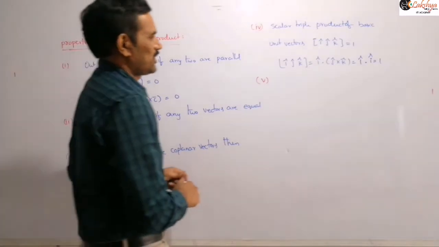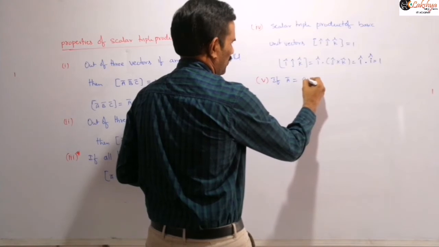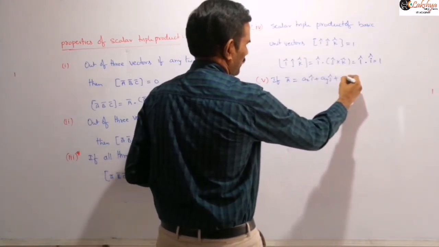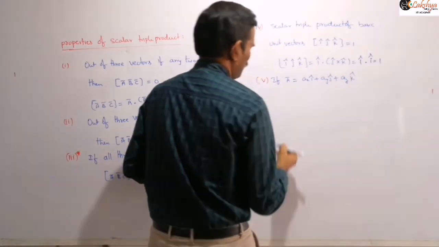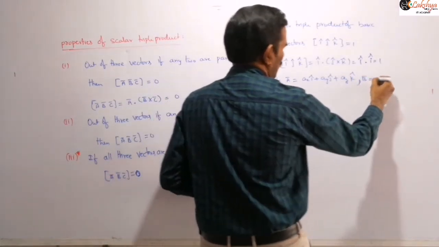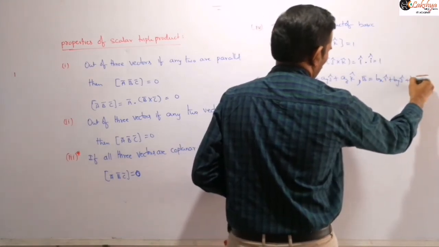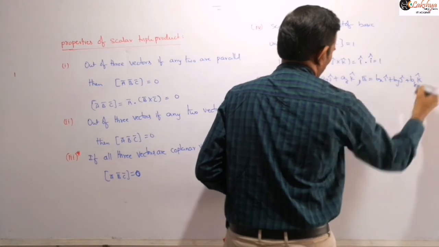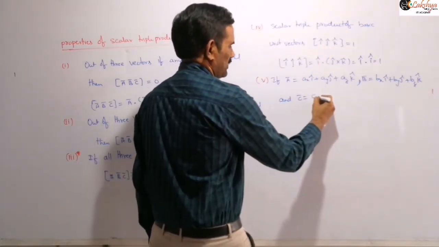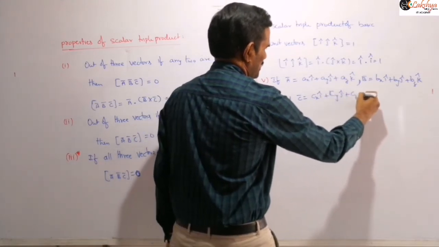Suppose here what I am taking is a bar equal to ax i cap plus ay j cap plus az k cap, b bar equal to bx i cap plus by j cap plus bz k cap, and c bar equal to cx i cap plus cy j cap plus cz k cap.